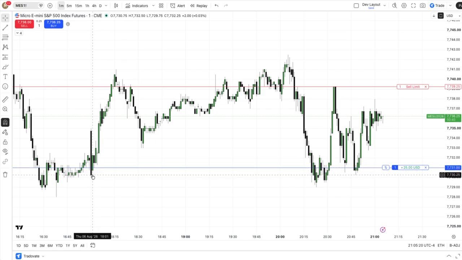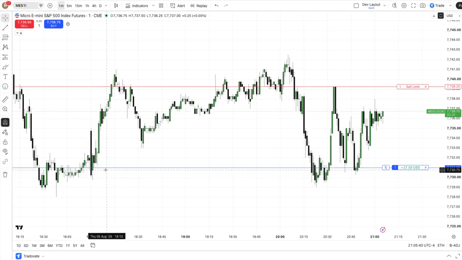So let's say 6 p.m., that one is more significant than that one because it's starting the 6 p.m. Okay, it starts the pre-Asia session. That's going to be a very important point in marking the support or resistance.